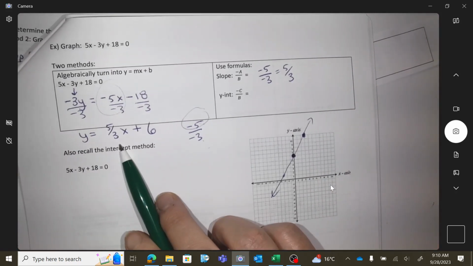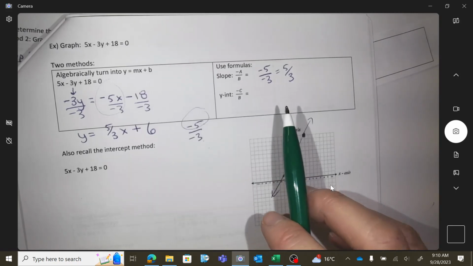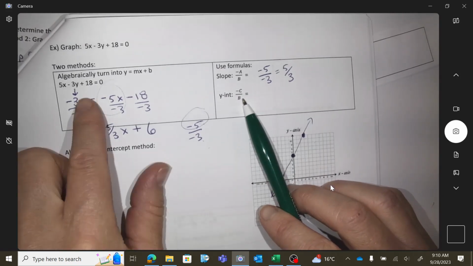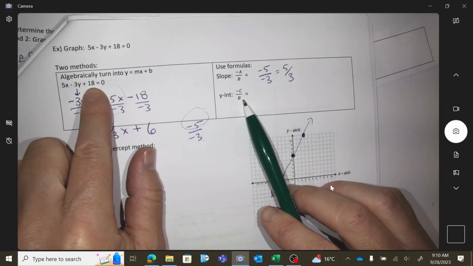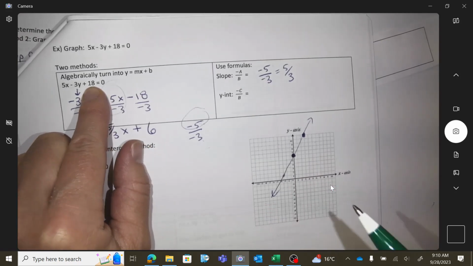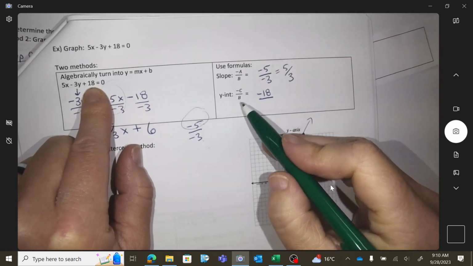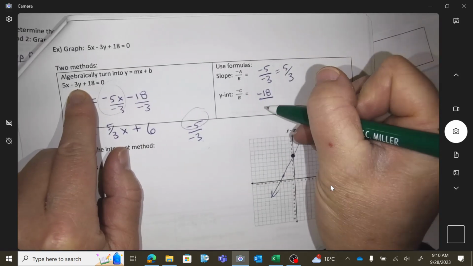That's what we had when we did our algebra. So again, you're picking whatever method you want, whatever's sticking in your brain better. Negative c. So what's the opposite of c? If we have 18, we're going to need a negative 18. And then the b number is negative 3.